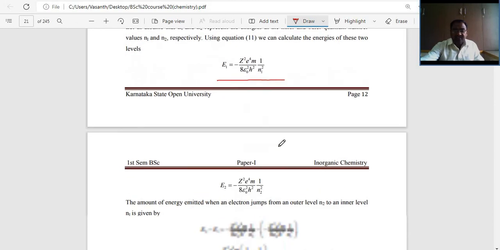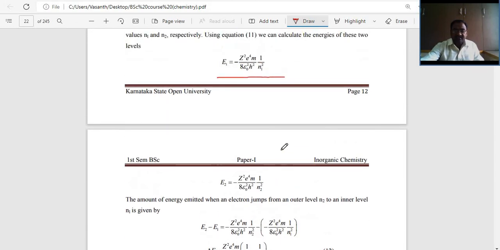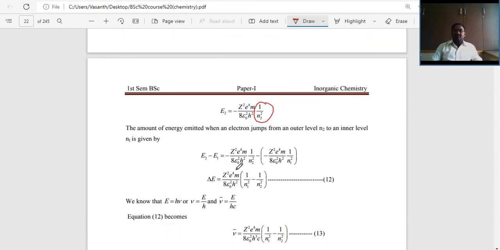In that, n square is the variation; there is no change in the remaining terms. Only the energy level changes. That's why we are going to take the common factor Z square e to the power of 4 m by 8 epsilon naught square h square, and then the common factor 1 by n1 square minus 1 by n2 square.